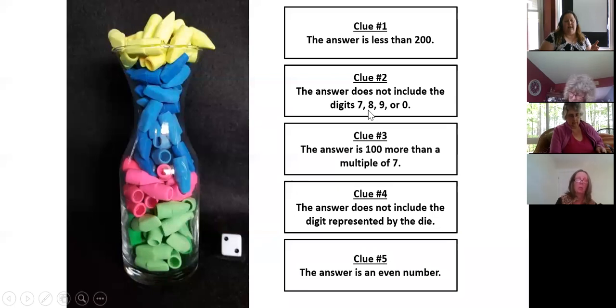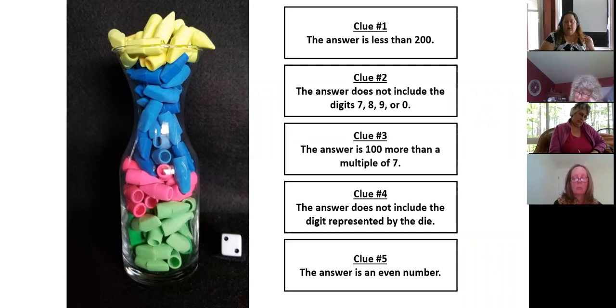We know it can't end in an 8, and we know it can't end in a 0 from our other clues. So it has to end in the ones place with either a 4 or a 6. Good, so I'm seeing some possibilities: 114, 156, 142.